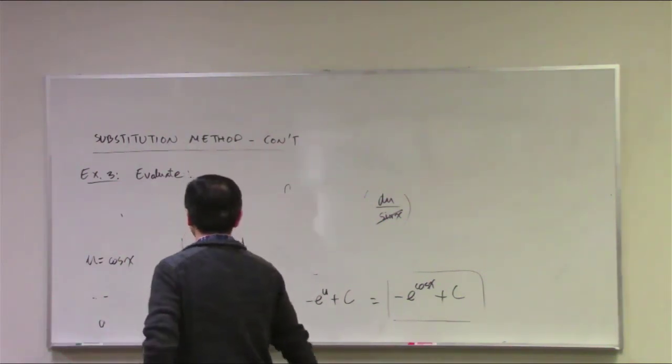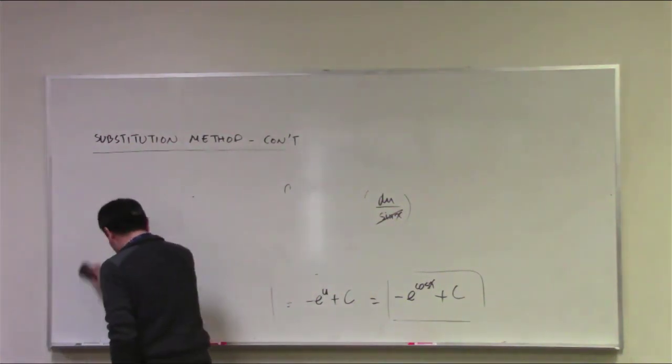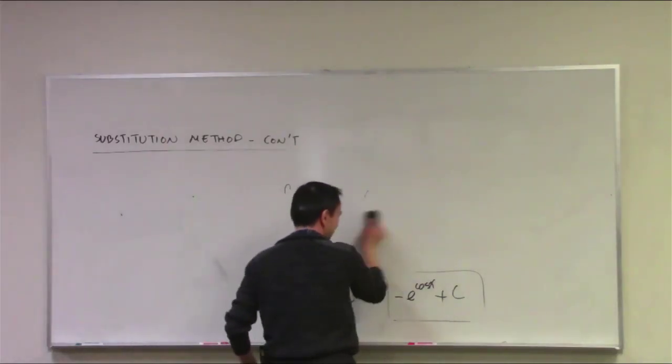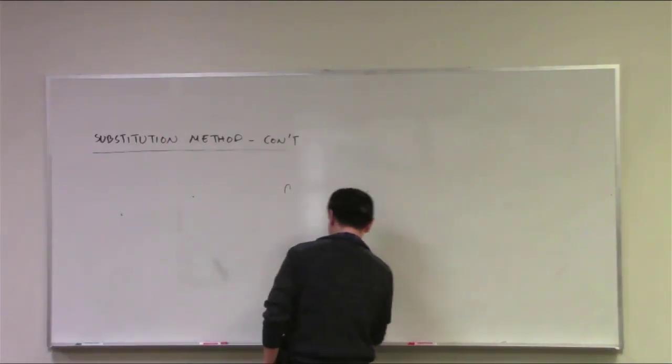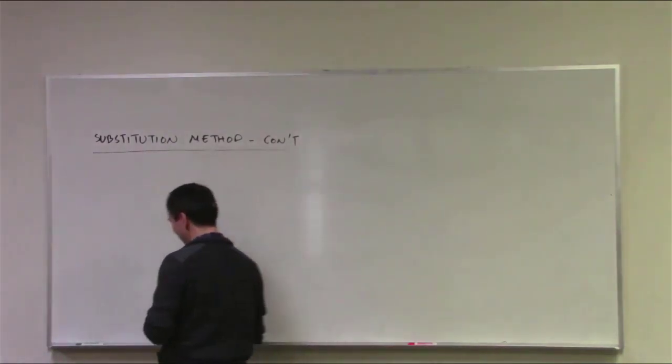Okay? And so I'm going to bring you into the fourth example where problems may even become a little more creative. How's that? We need some creative way to approach a problem here. So let's think of this one right here.